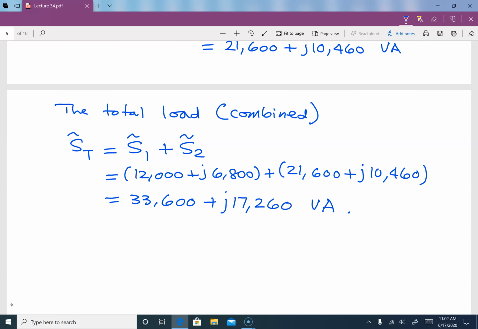So now this over here is the load that we need to correct because it is the combined load.